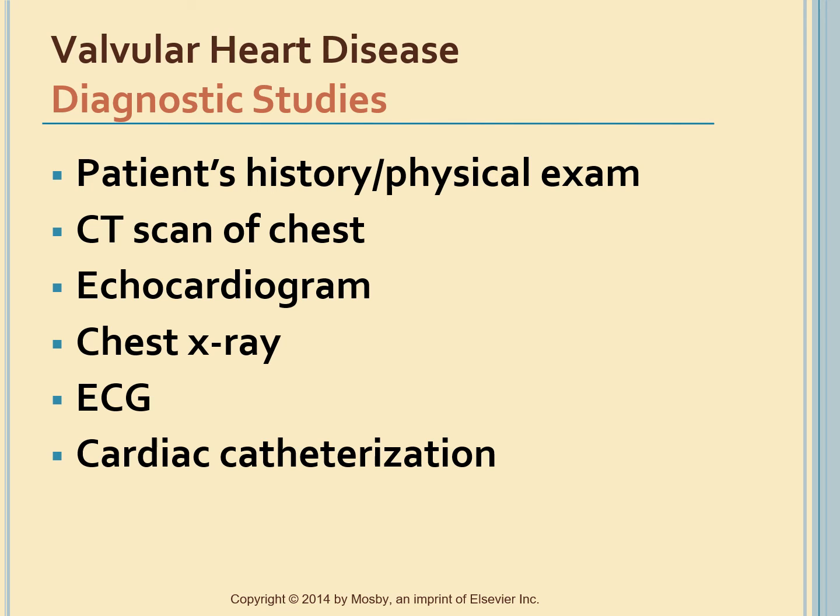An echo, specifically a TEE, is to see if there is a history of IE or if there's any vegetation that is causing the valve disease. Chest x-ray, ECG, and then cardiac cath, because then we can determine the different pressures on the heart if there is some degree of stenosis.